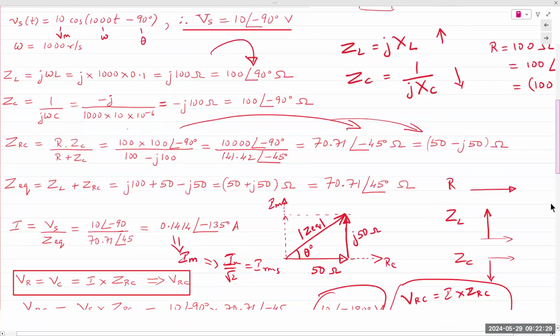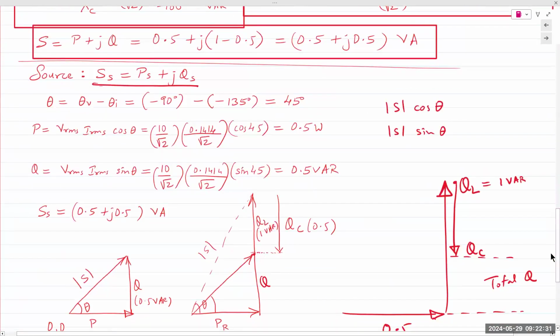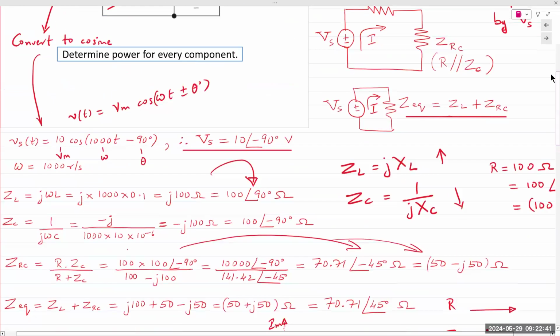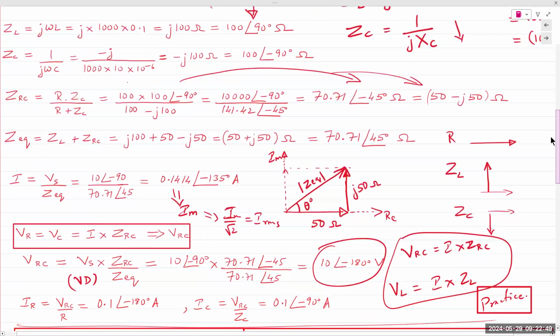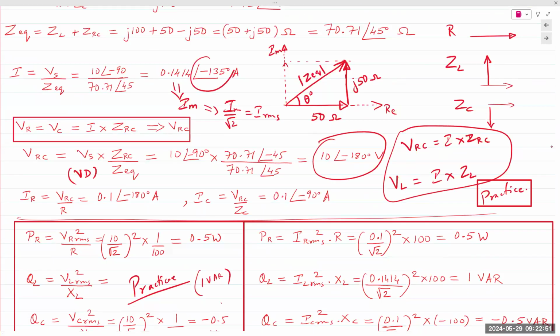And so here, I already have the voltage that is given to us. We know that our source angle is minus 90. We calculated that as the first step. Voltage angle is minus 90. Then the current angle is right here, minus 135.